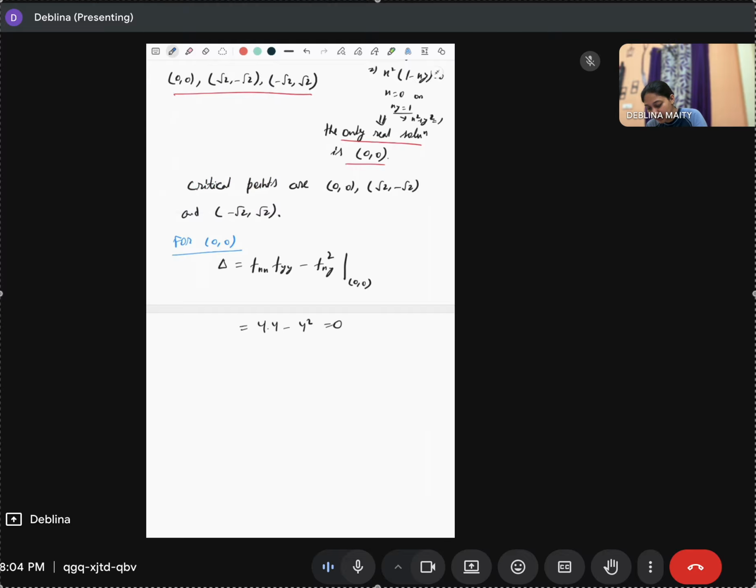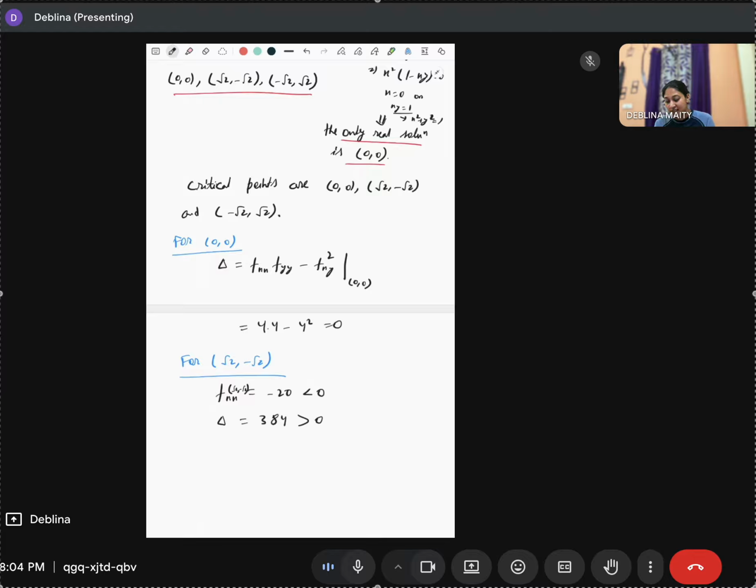Okay, now let's look at the second one, root 2 minus root 2. For this point, what is the value of fxx? So fxx at this point is minus 20, which is a negative number, and delta, if we calculate, this is a simple calculation, will be 384, which is greater than 0.